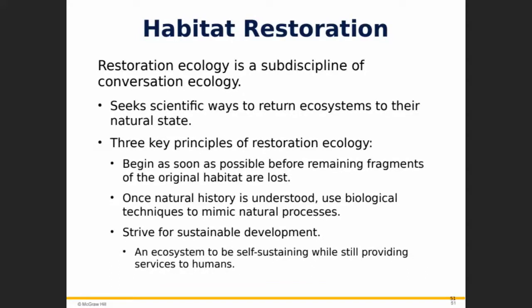Natural processes can include using controlled burns to bring back grassland habitats, biological pest control to get rid of exotic species, and bioremediation techniques to clean up pollution. Third, the goal is sustainable development, the ability of an ecosystem to be self-sustaining while still providing services to humans.